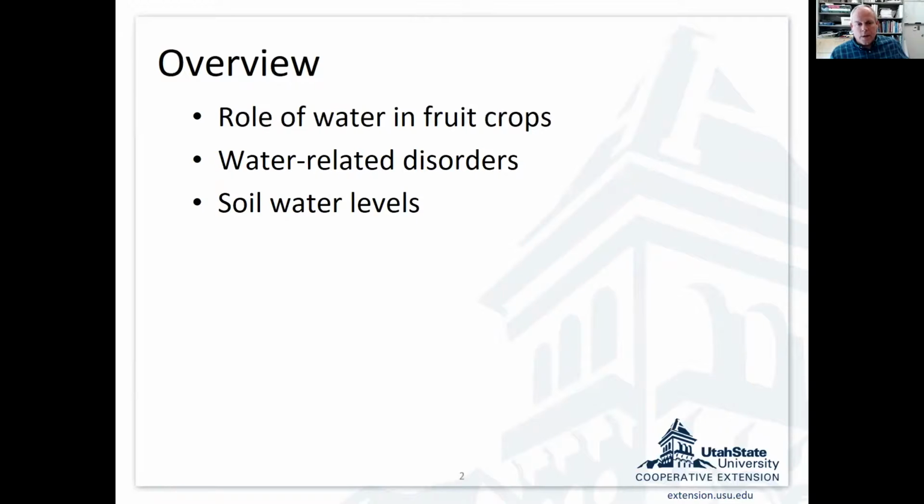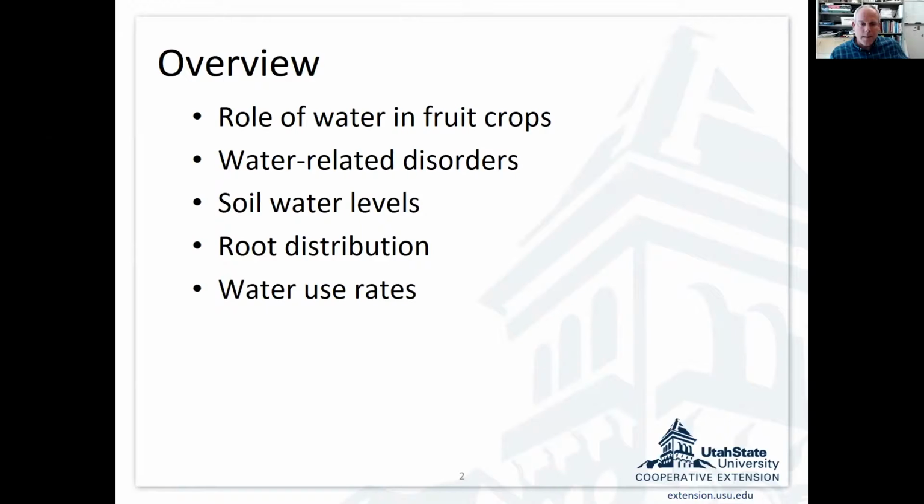How we look at the amount of water in the soil. Root distribution as it relates to fruit trees, so that you know the volume of soil that you're dealing with in terms of your water management. And then some things about the use rates of water for different fruit crops. And then finally, just irrigation scheduling.